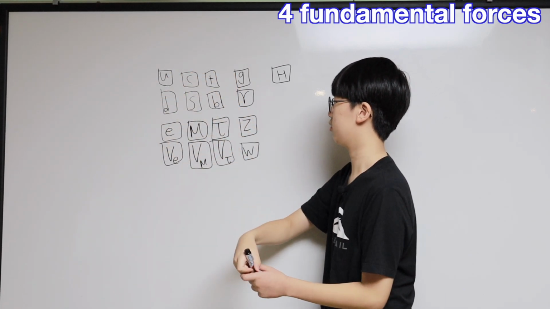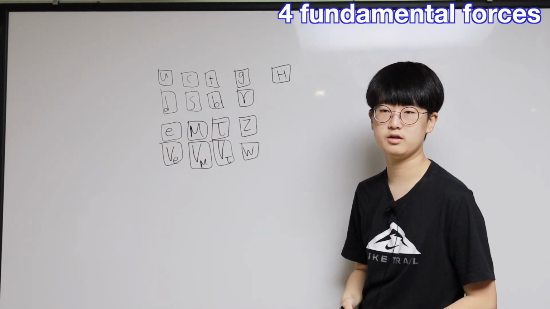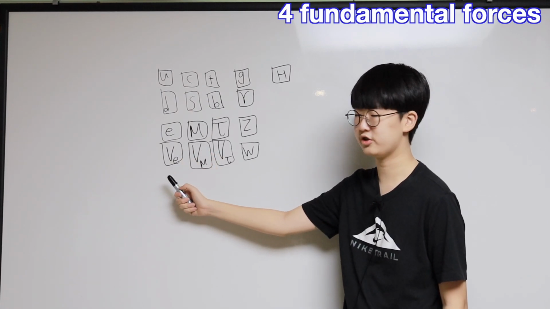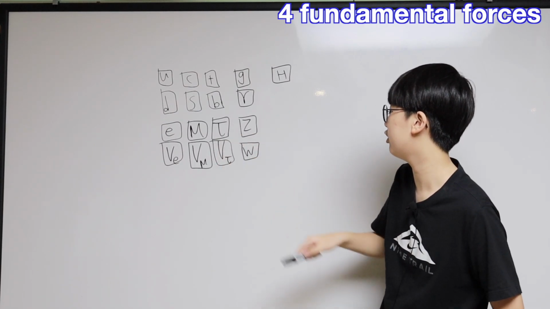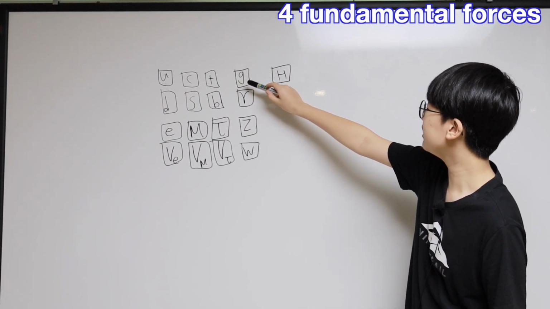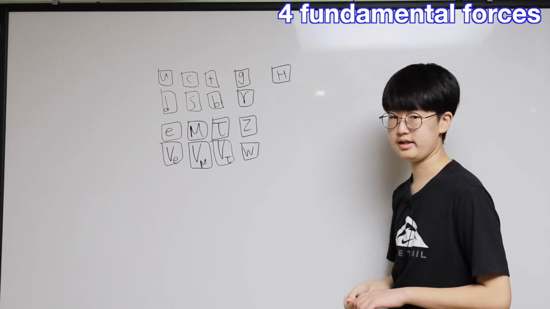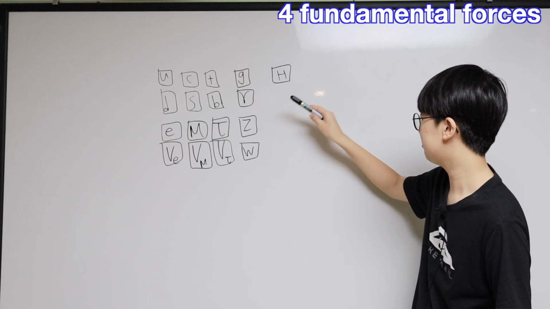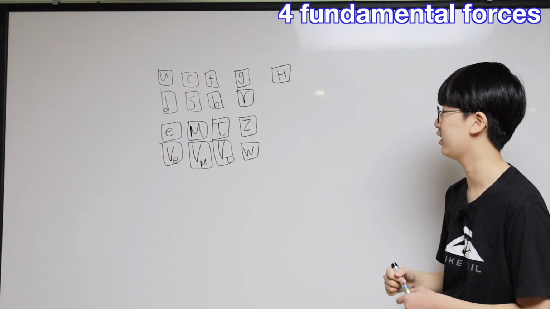These things are quarks, and these 6 are called leptons: electron, muon, tau, and electron neutrino, muon neutrino, and tau neutrino. And this G is the gluon, and the thing under it is the photon. These 2 are Z bosons and W bosons, and this is a Higgs boson.